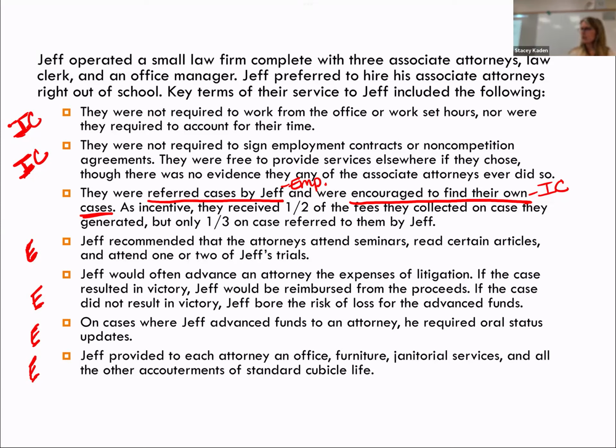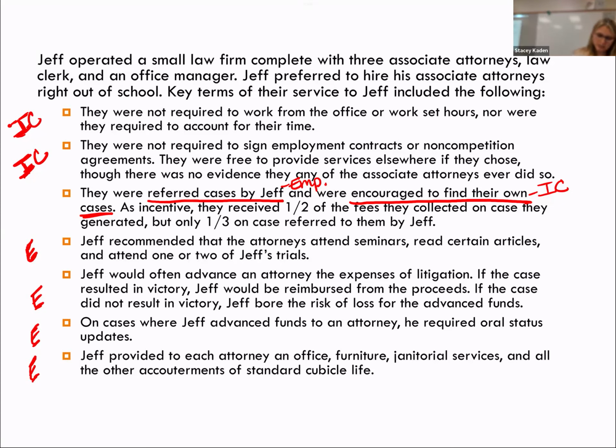All right, do you know how you would rule if you were the tax court? How many say the attorneys were independent contractors? How many say employees? And there's a bunch of you not getting paid because you did not take a stance on this, right?